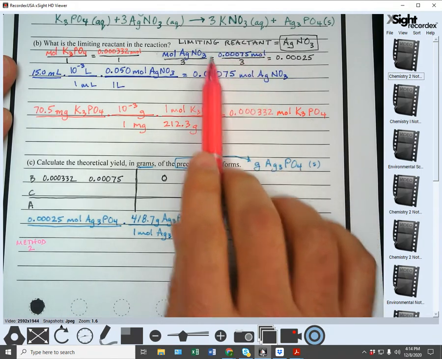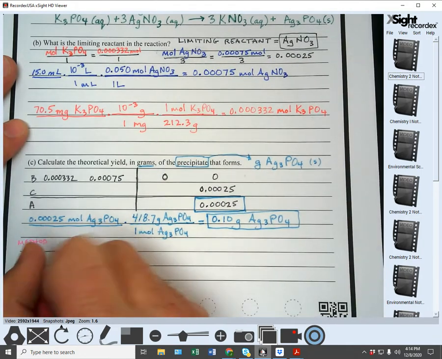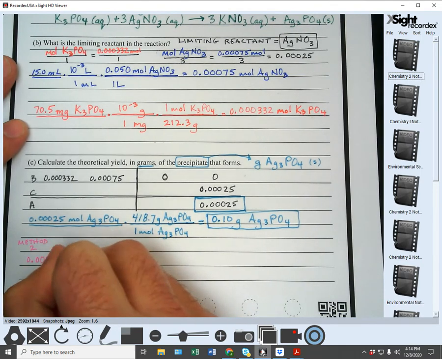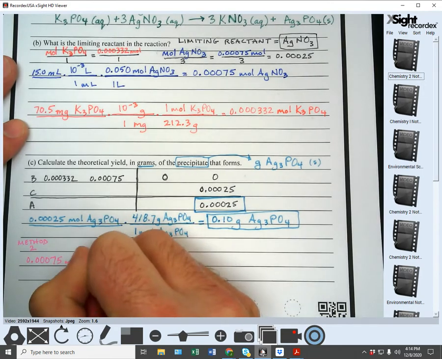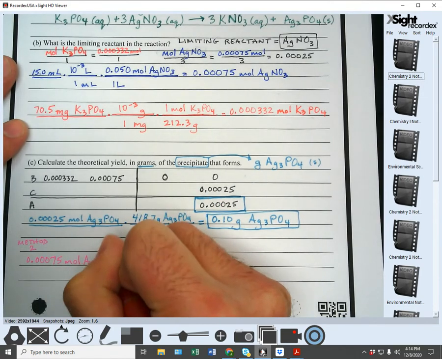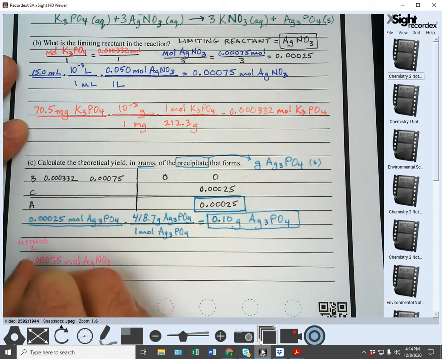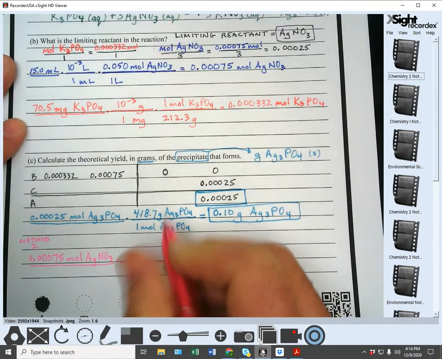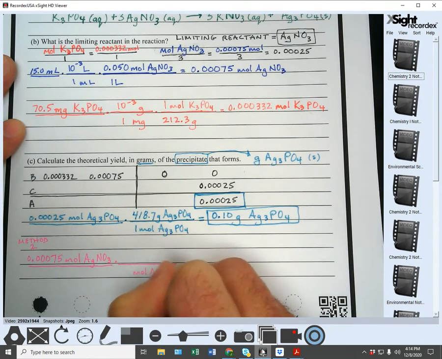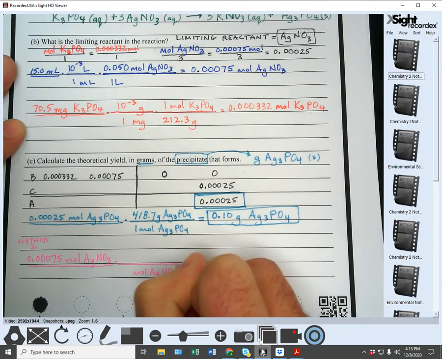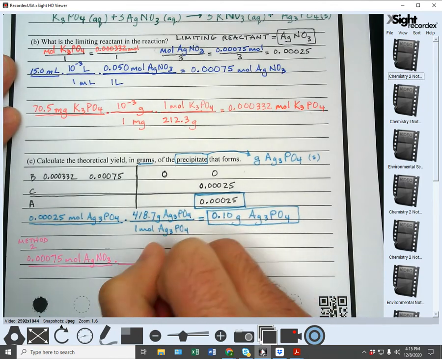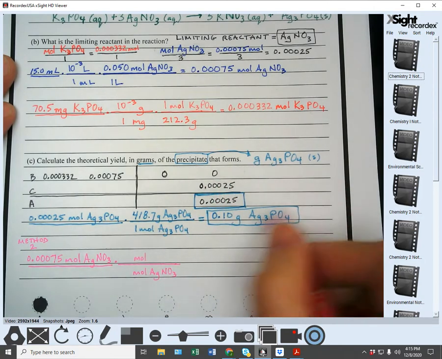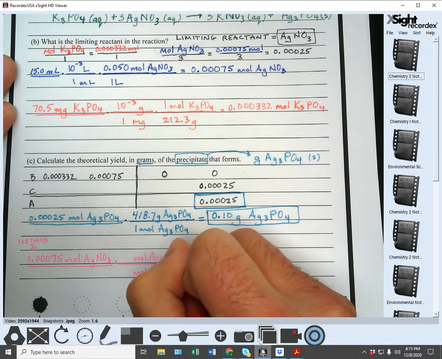So we're going to start with 0.00075 moles of AgNO3, and we're going to convert from moles of AgNO3 to moles of the precipitate that forms, which is the Ag3PO4.